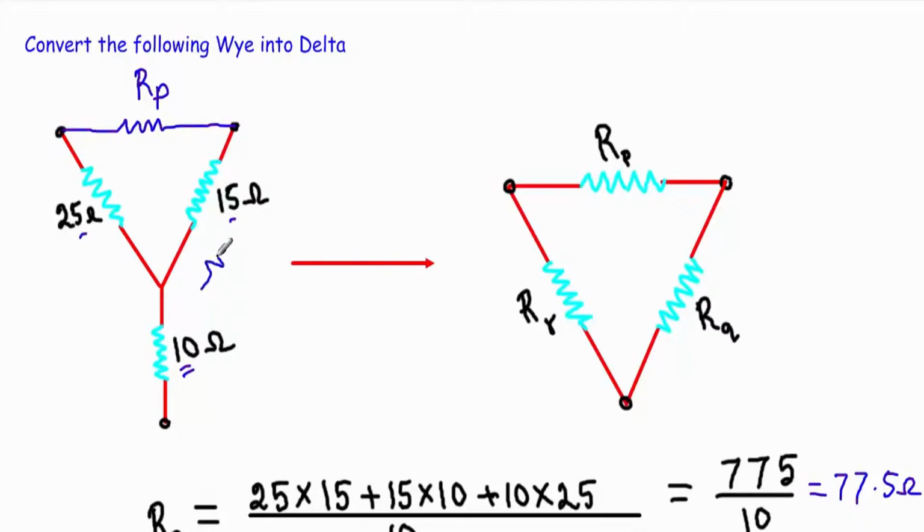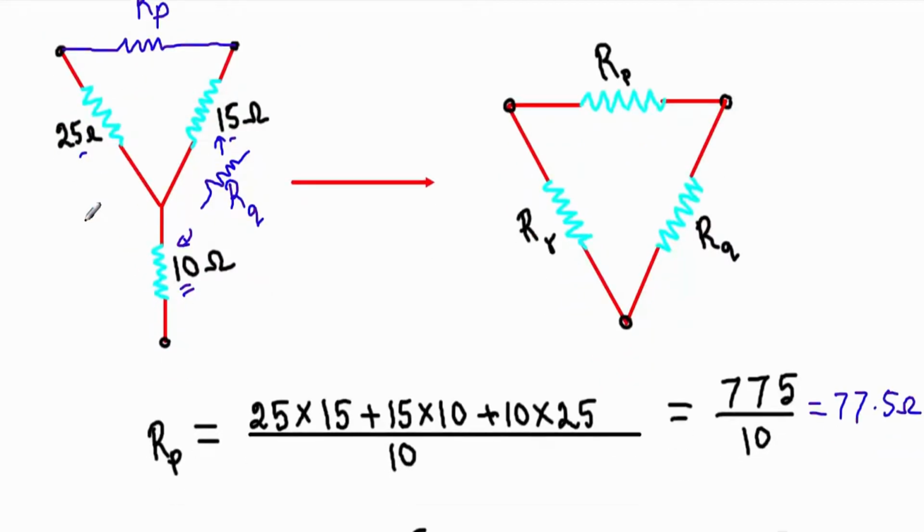After that I will calculate this resistance. Likewise before, let's say this resistance is Rq. Two adjacent resistances of it are 15 ohm and 10 ohm. At first I will multiply this 25 with this 15, this 15 with this 10, and this 10 with this 25, and add them up.